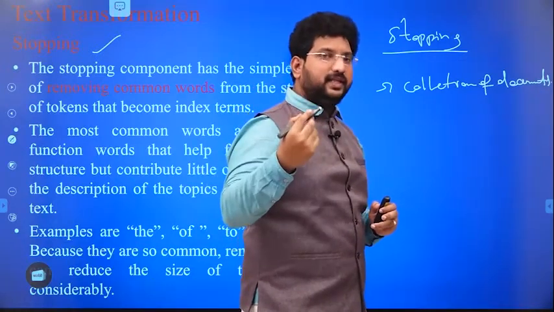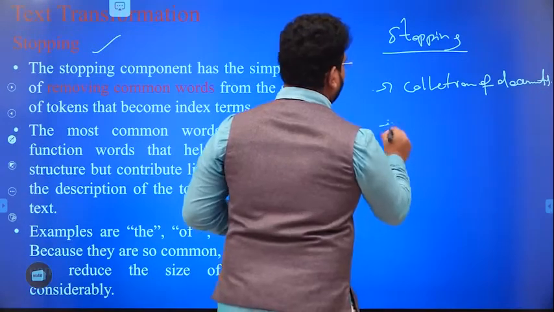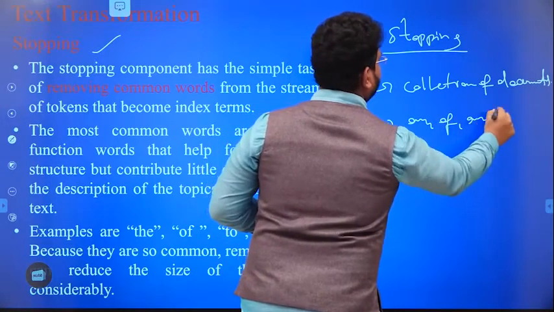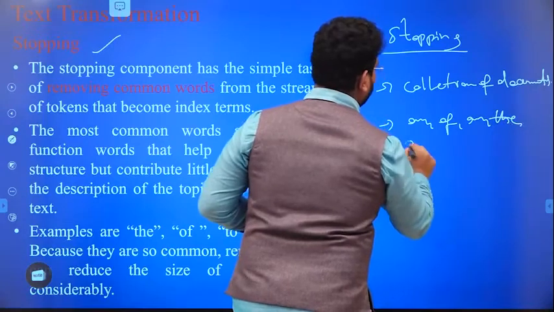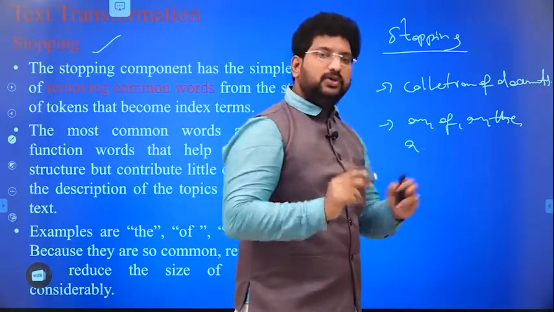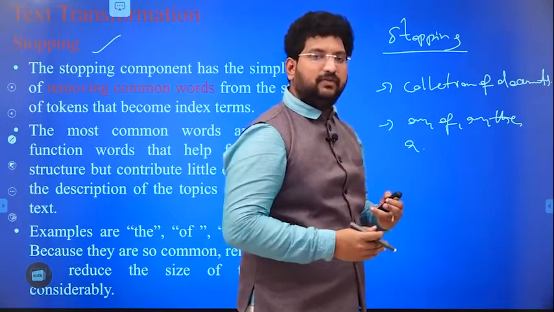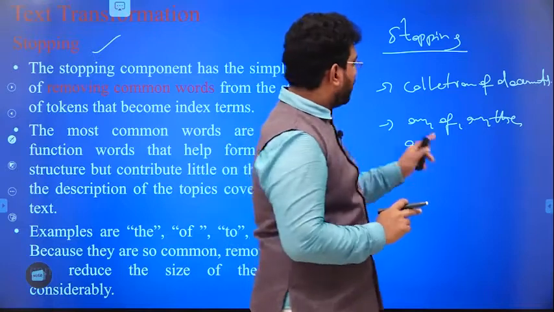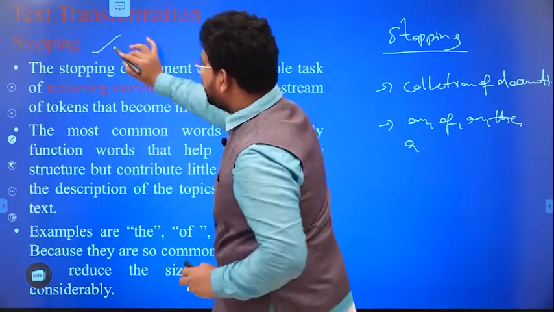Out of all the index terms, some words like on, of, an, the, a occur very frequently, and those words do not need to be repeated every time the process is going on. Those words will be stopped. That process we simply call stopping.